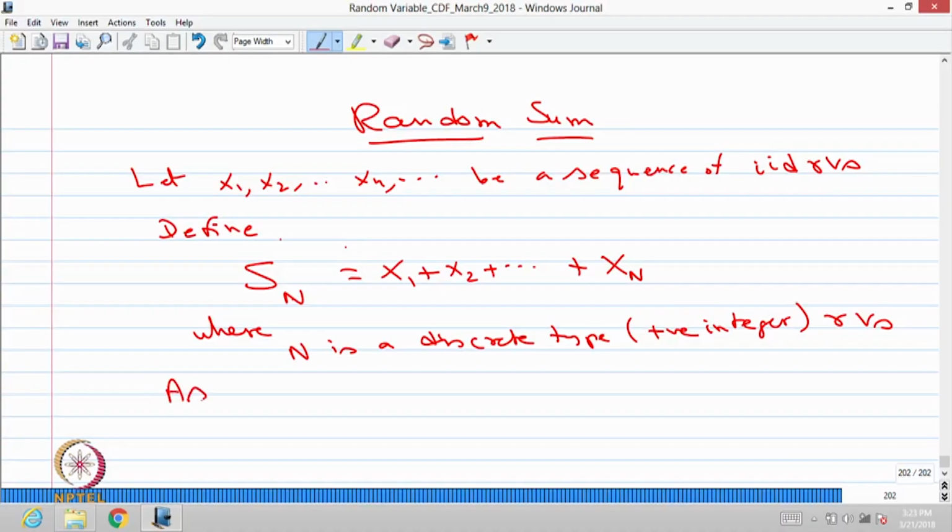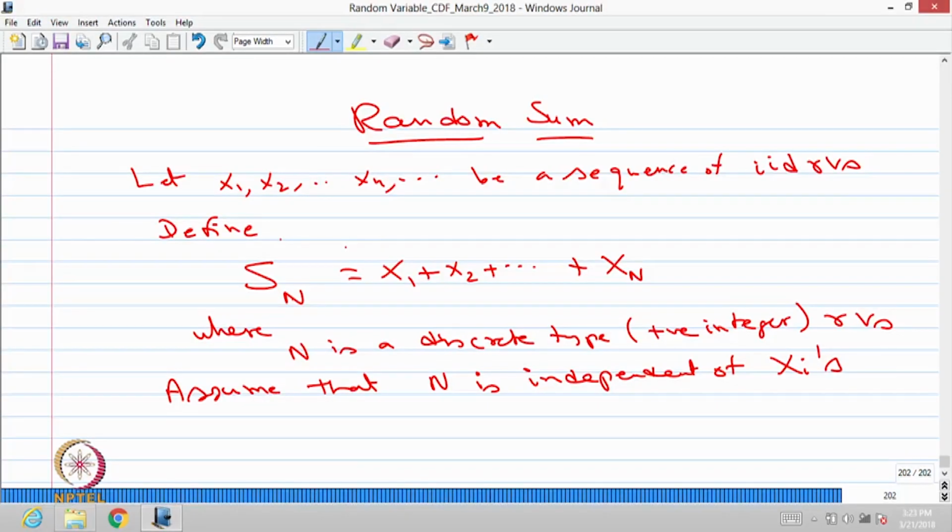I am going to make the assumption that N is independent of the Xi's. The way we create the sum of random variables, all those random variables are mutually independent and identically distributed, and how many random variables I am going to add, that is also random.